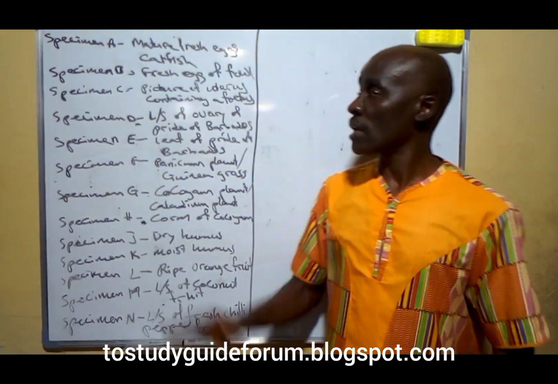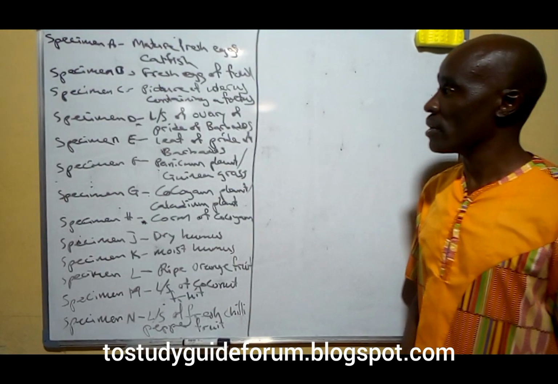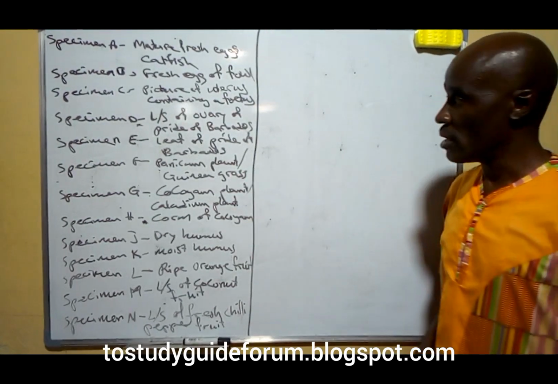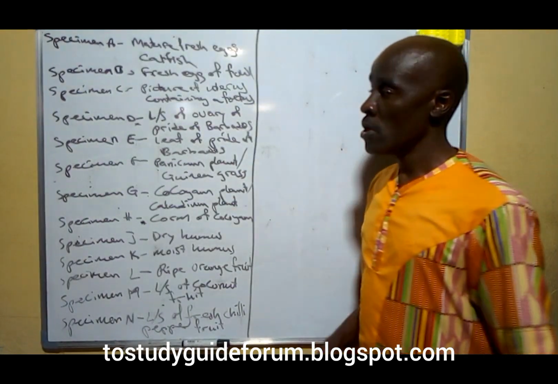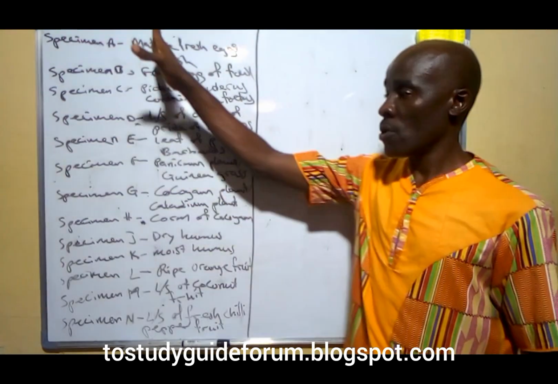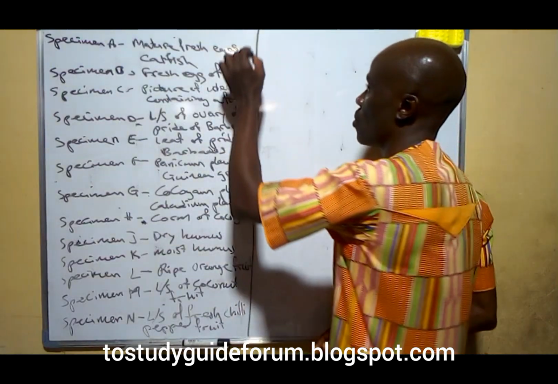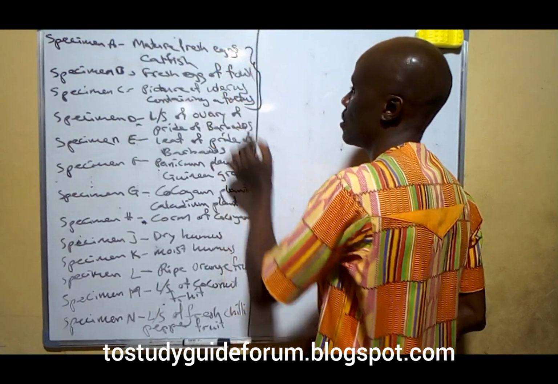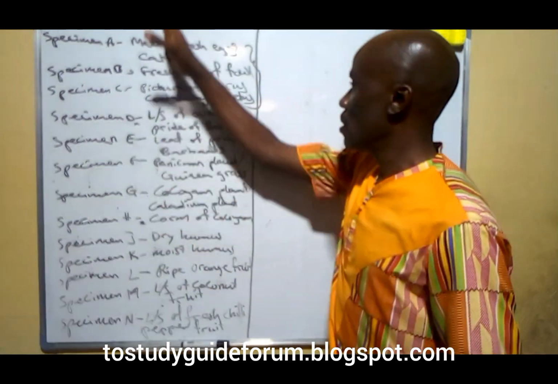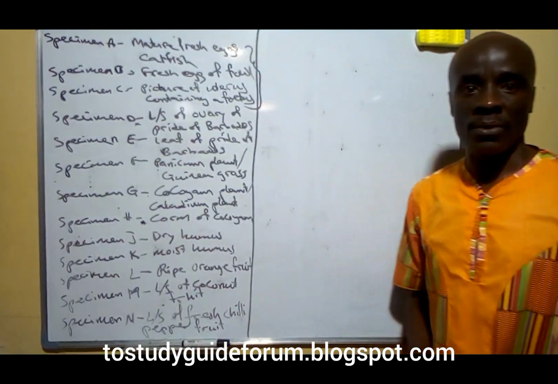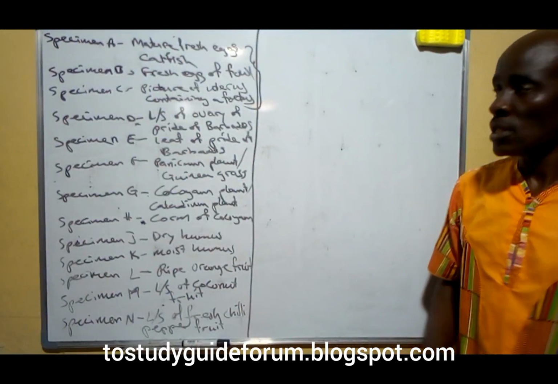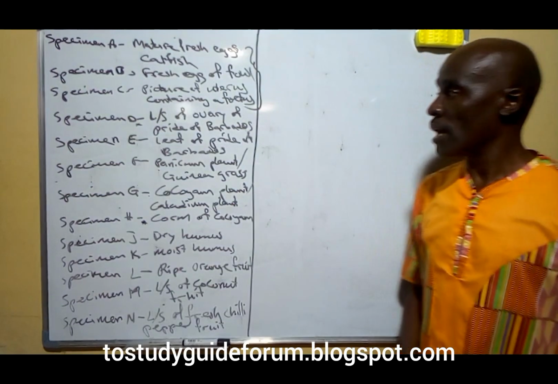So let's quickly look at the ones we have already said. Let's start from the first four. In the first four, all of them are for reproduction. And if we look at the first three, all of them are what? They are all vertebrate animals.